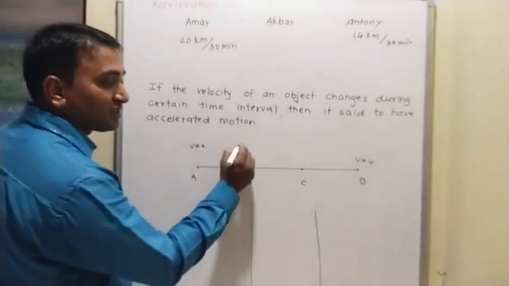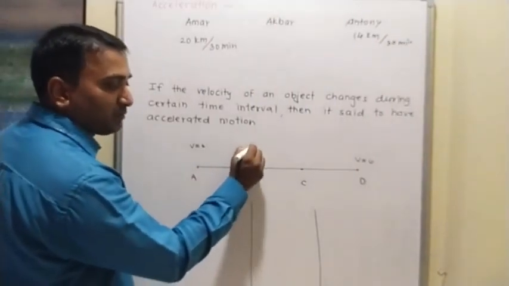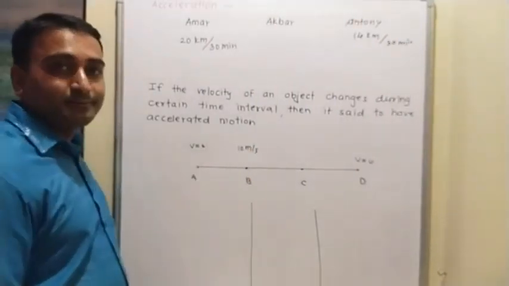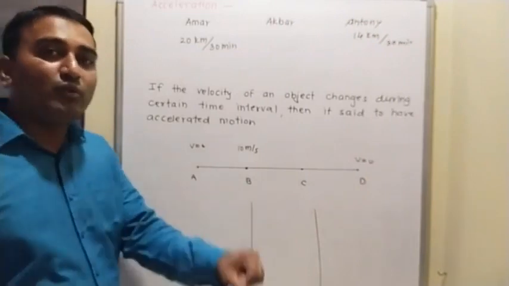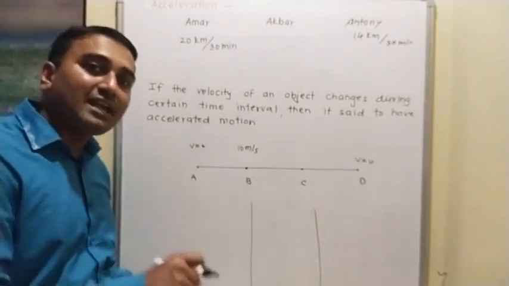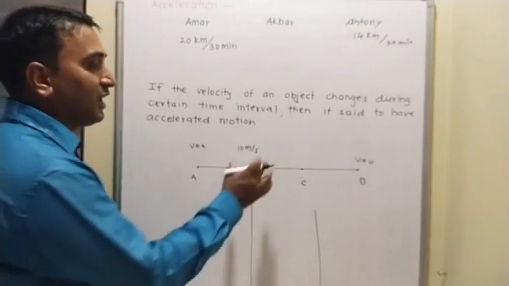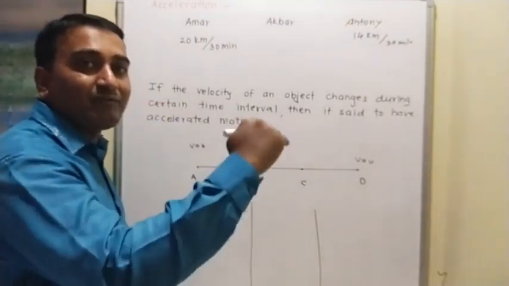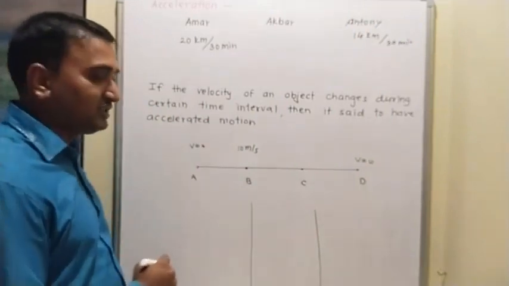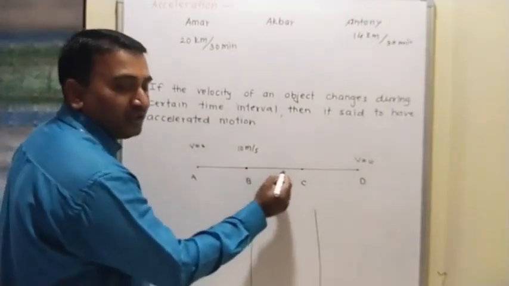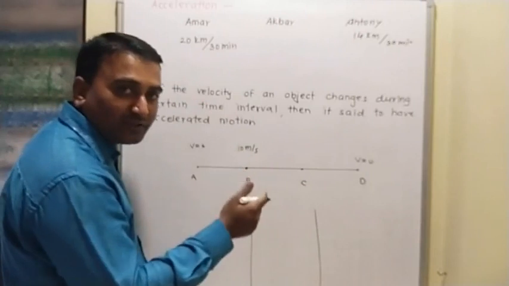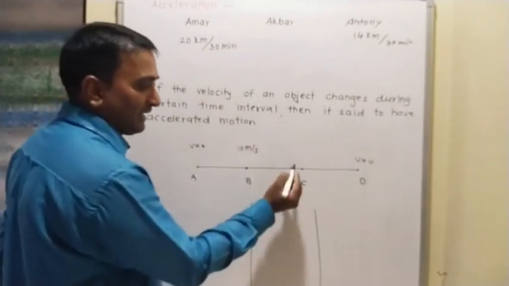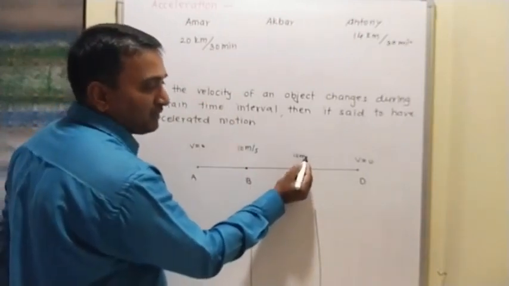You reach the velocity 10 meters per second at point B, and now you are moving with the same velocity from B to C. That is uniform motion you have achieved. So wherever you go, you have velocity 10 meters per second. So here is also 10 meters per second.